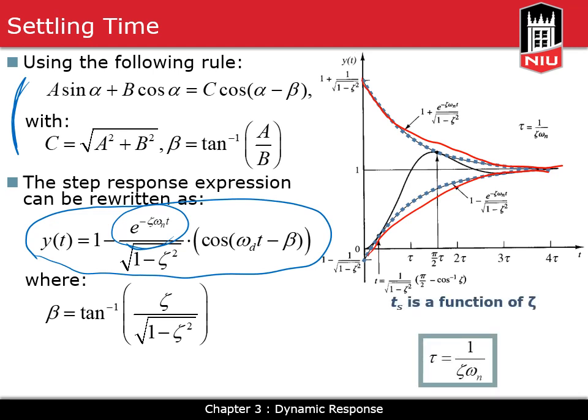As I said, if we write e to the negative zeta omega n t as e to the negative t over tau, we can see that tau, the time constant, is 1 over zeta omega n. The tau itself is not the settling time, but either 3 times tau, 4 times tau, or 5 times tau, depending on the tolerance level, will be our settling time.